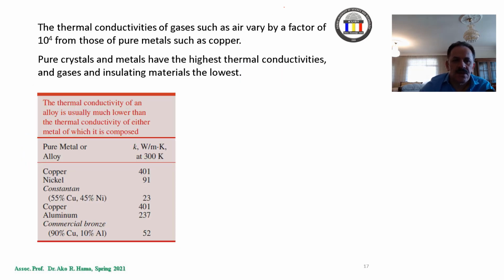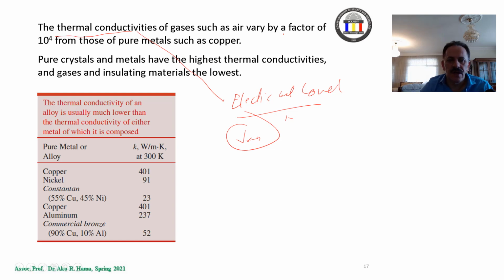Okay, this is what is called thermal conductivity. By the way, we also have electrical conductivity. It's also a conductivity, but in terms of volts, how many amperes of electricity will flow. So it's a conductive material.